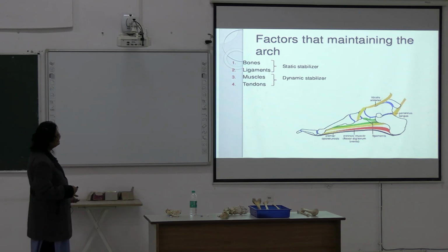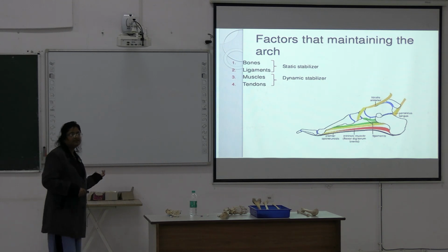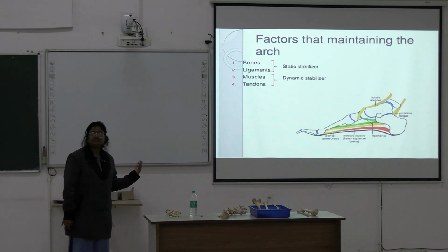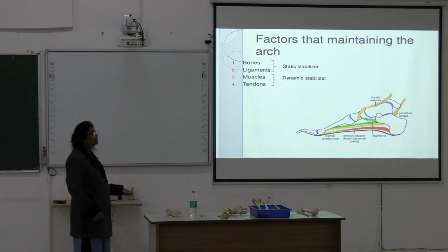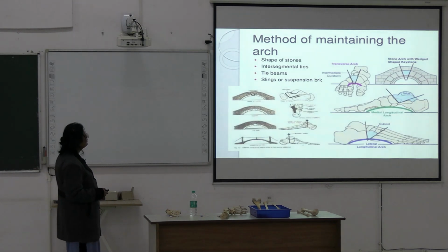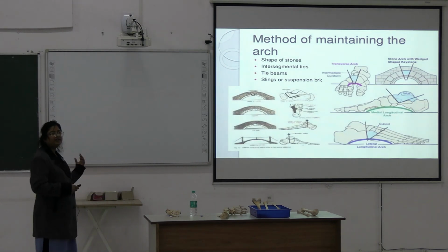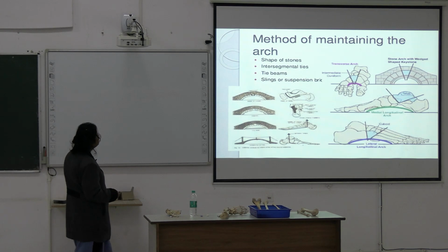So these are the factors that maintain the arch. This comes as a question: what are the factors maintaining the arches? Next, and this is different for all the arches. Bones are different, ligaments are different, and the muscles and tendons involved in maintaining the arch are different for the medial arch, lateral arch and transverse arch. So you have to remember like that.